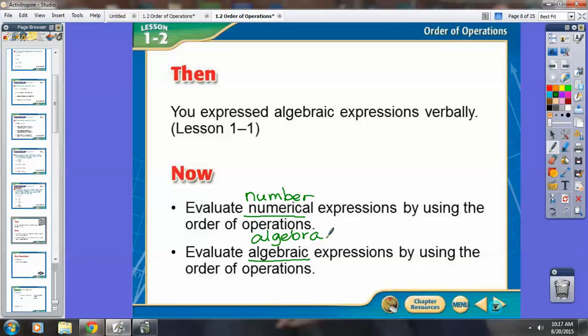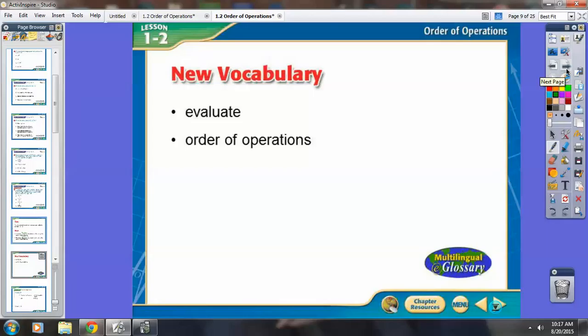Now, I know you guys learned about this last year with Mrs. Dyer. There was a word that you used to help you know how to evaluate numerical expressions. Does anybody remember that word? You know it. I know you know it. I'll give you a hint.